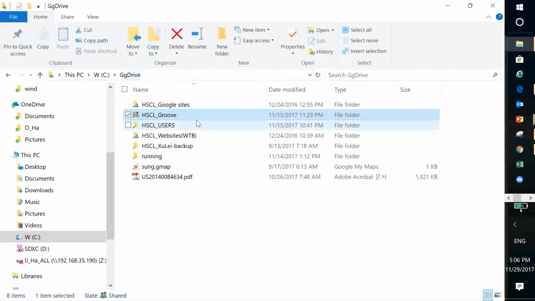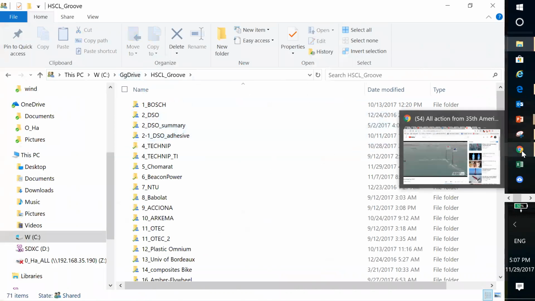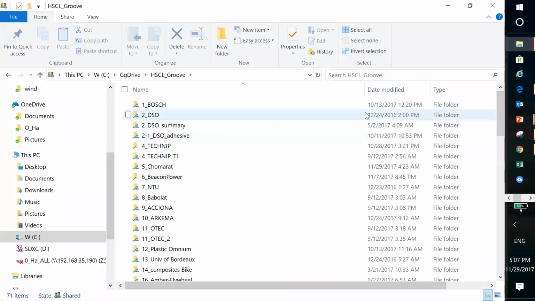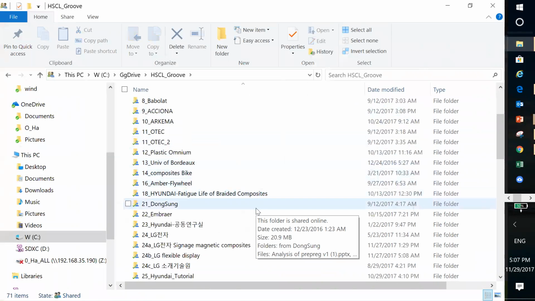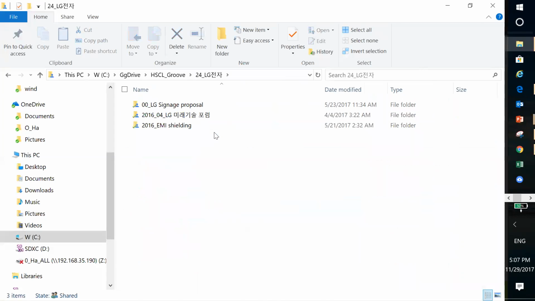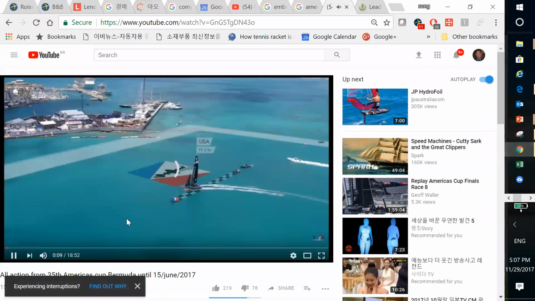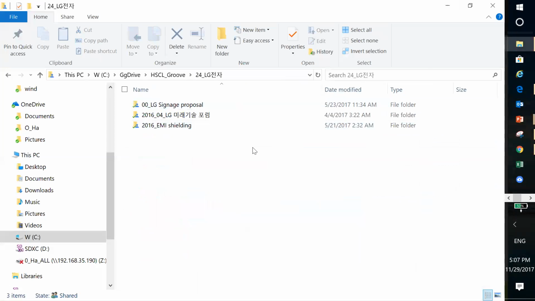Okay, so that is another example. Now another one, you just saw the embraer. How about the electronic applications, such as LG? Well, this is another current project.